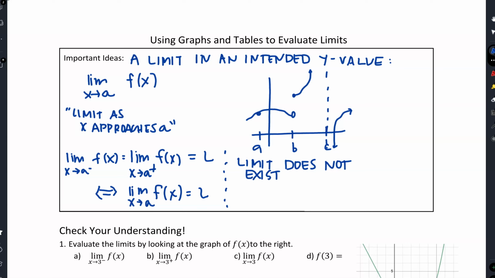Okay, so a limit doesn't exist at B, and that's because the limit as x approaches B from the left does not equal the limit as x approaches B from the right. So those two things do not equal each other. So the limit does not exist. We say DNE a lot of times, does not exist.